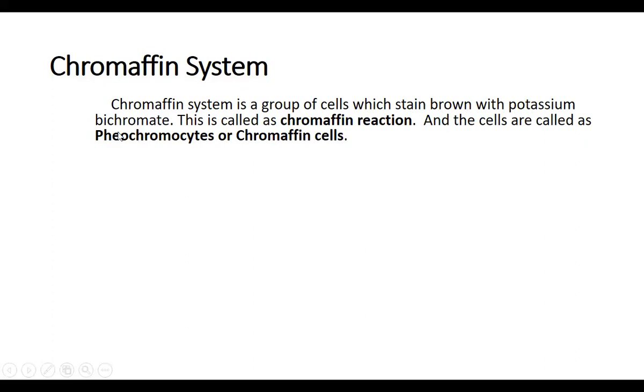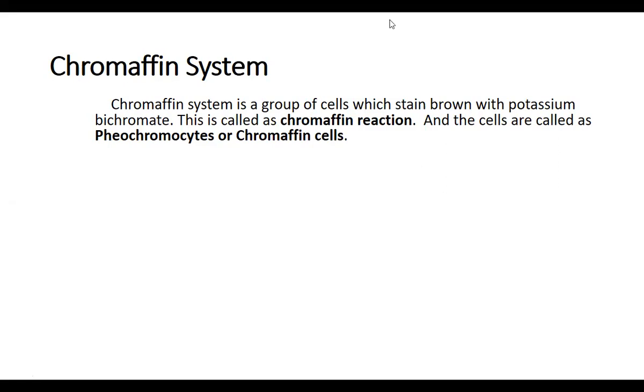I said the adrenal medulla will take a special stain called potassium bichromate. So any other cells in the body which take up this potassium bichromate stain, and stain themselves, those kinds of cells are all grouped as one type of cells or system. They are called the chromaffin system.